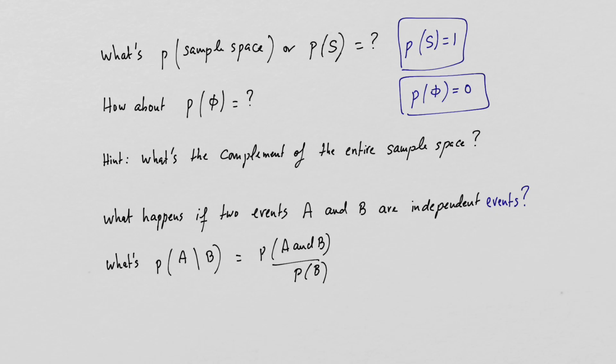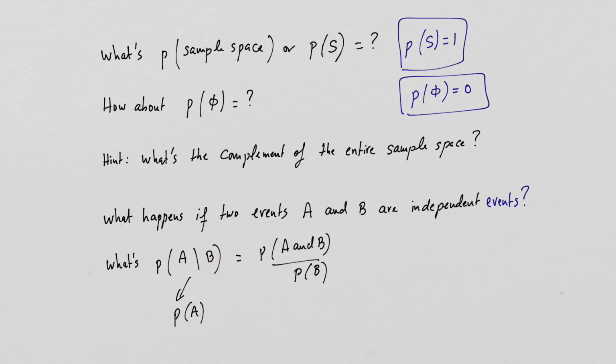And therefore, the probability of A given B is just the probability of A. It's like A saying to itself, what's the chance that I happen assuming B happens? But I don't care about B. So the chance that I happen under the condition that B happens is the same thing as the probability that I just happen. I could care less about B, right?